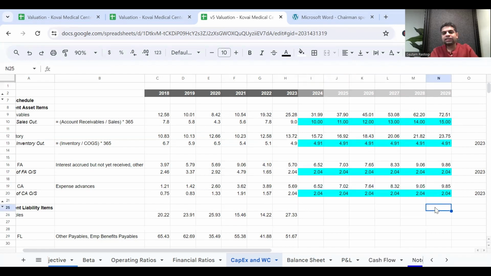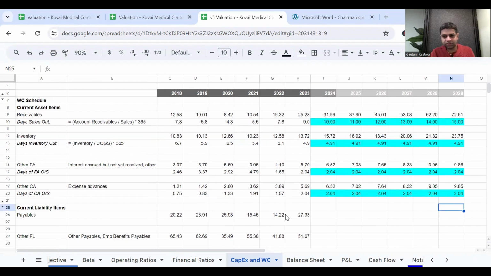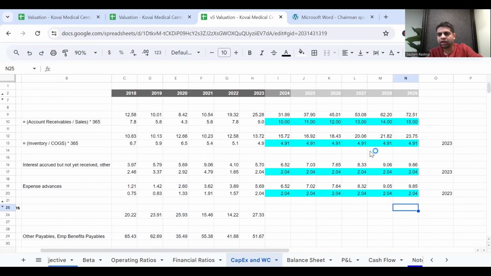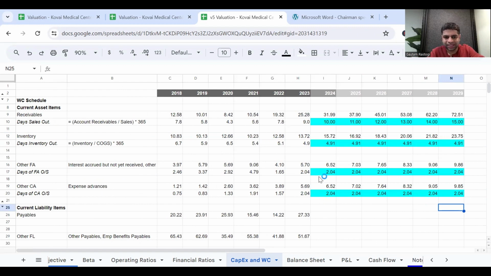Across all these line items, inventory, financial assets, and other current assets, we assumed they are based upon the past year, which is 2023. Only for receivables we assumed a higher number, because of the increasing health insurance penetration, which would delay the payments from customers, resulting in higher receivables.